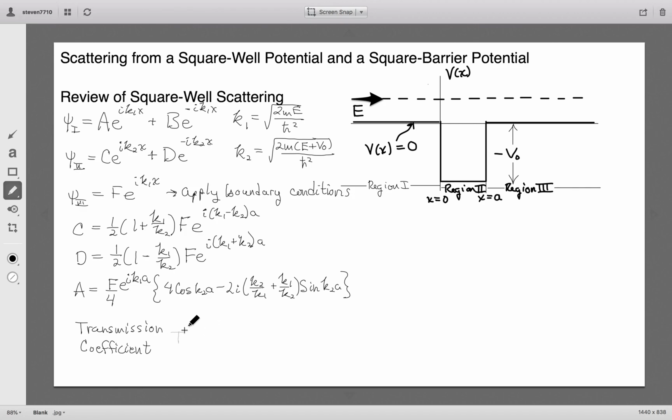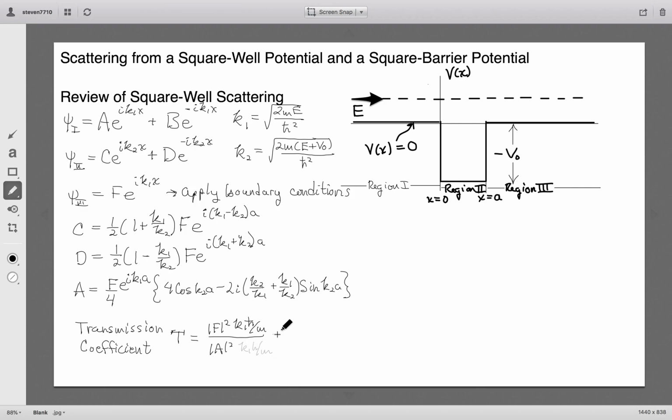T was defined as the transmitted flux over the incident flux, F squared, and basically this was the velocity, right? k1 h bar over m. It's the velocity in region 3 and region 1. And then we have our A squared, k1 h bar over m as well.